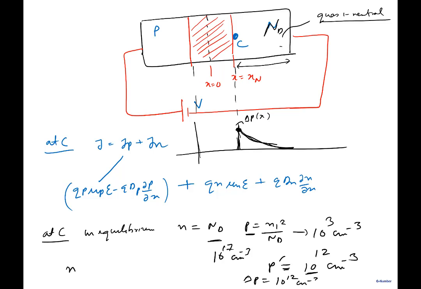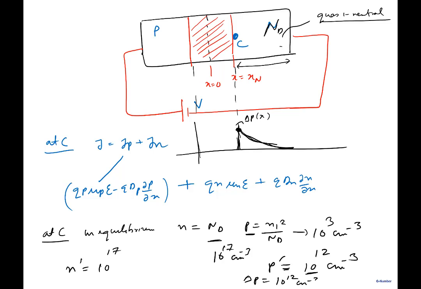What do you think has happened to N? N is 10 to the power 17 plus something, because it's quasi-neutral. The moment you inject a hole into this region, a lot of electrons come in and neutralize it. In an N region you cannot have an isolated positive charge, because the electrons would rush in and neutralize it, just like inside a metal. If you create an excess electron inside a metal, it just disperses away to the boundary.